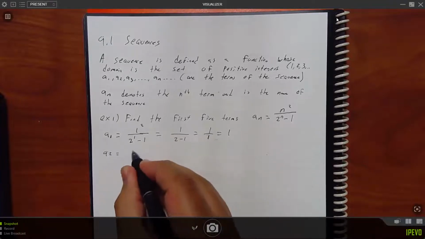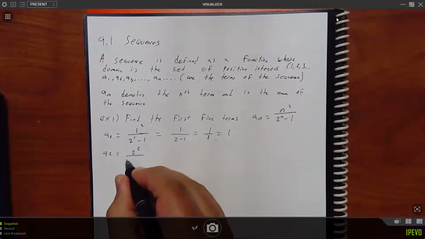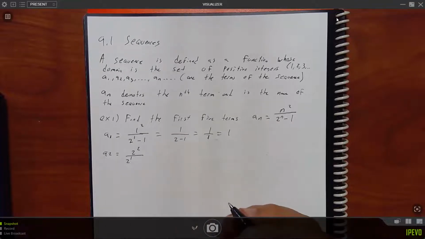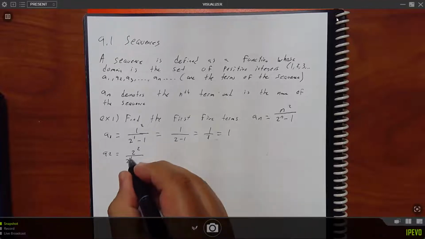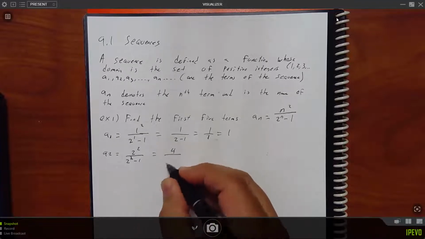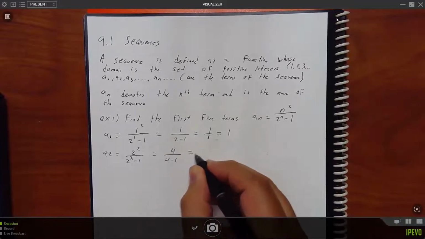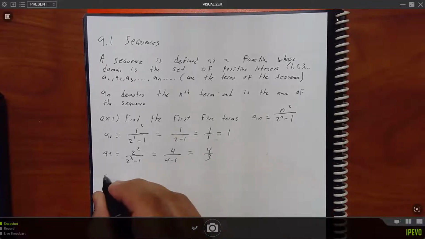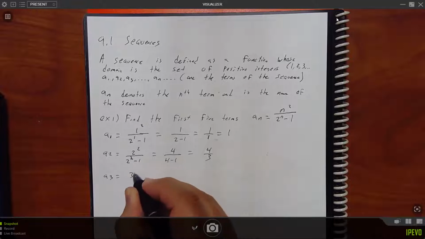a2 would be plug in the 2, and that'll be 4 over 4 minus 1, which is 4 over 3. So then you keep going till you find all 5.